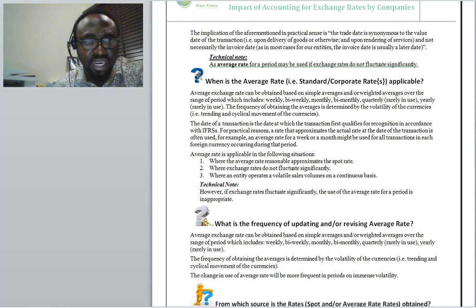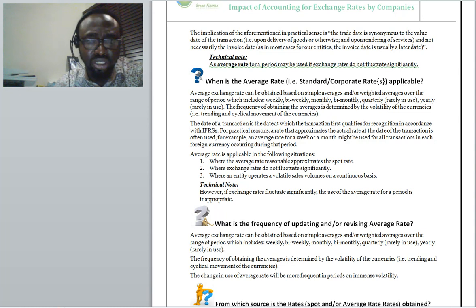But the period is defined majorly by volatility of exchange rate, by the nature or the policies that have been adopted by the company, and some other considerations. And the range of periods could include a weekly review of the rates, bi-weekly, which means twice a week, monthly, biannually, quarterly.